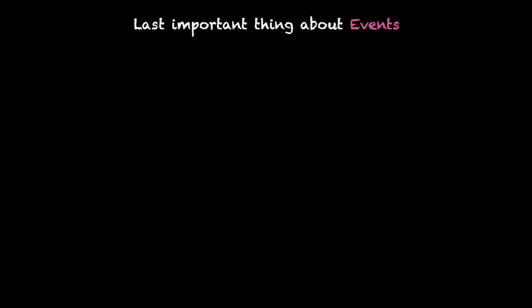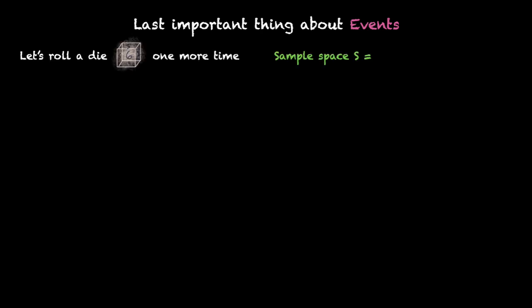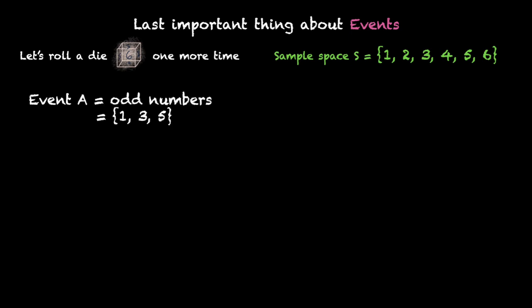Now let's look at the last important thing about events. And in my opinion, one of the most confusing things about this particular topic. Let's roll a die one more time. And the sample space here is 1, 2, 3, 4, 5, 6. Let's look at these events. Event A is the set of odd numbers. Event B is the set of even numbers.